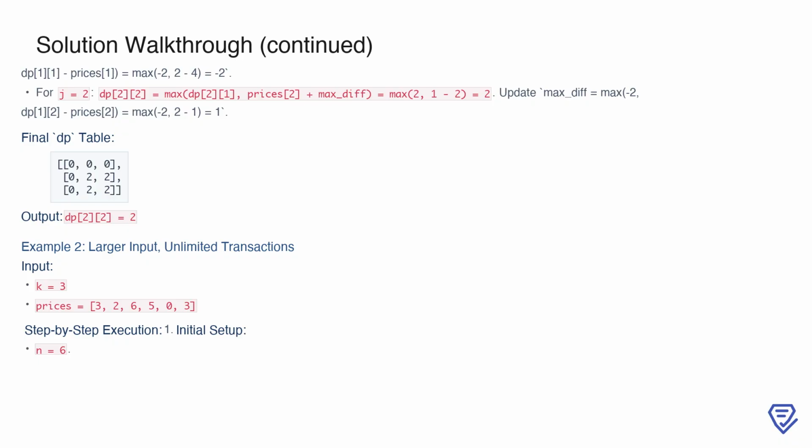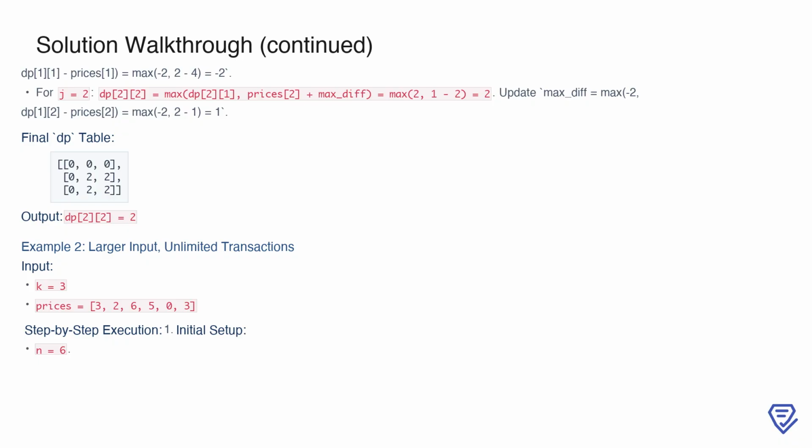For j equals 2, dp[2][2] also remains 2, as the maximum profit with 2 transactions doesn't increase with the available prices. At the end of this step, the final dp table shows the maximum profit for each combination of transactions and days. The table is [0, 0, 0], [0, 2, 2], [0, 2, 2]. The output, which is the maximum profit achievable with 2 transactions, is dp[2][2], or 2.